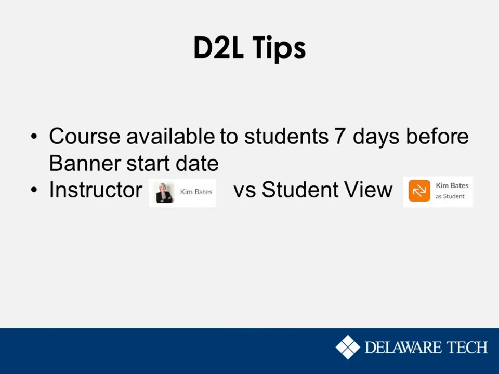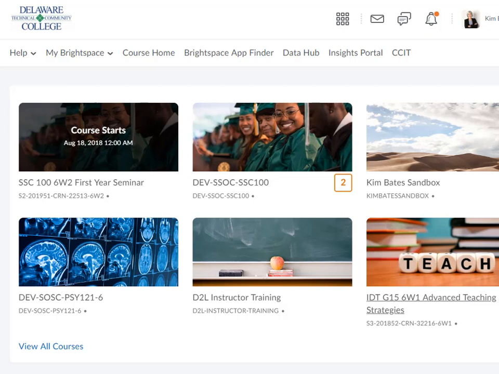So if you've looked on your home page for D2L, you may have noticed a date change. Does anybody notice that? The start date of your sections for SSC. When we originally copied the courses Tuesday night, the start date was set to be the same as the banner start date.